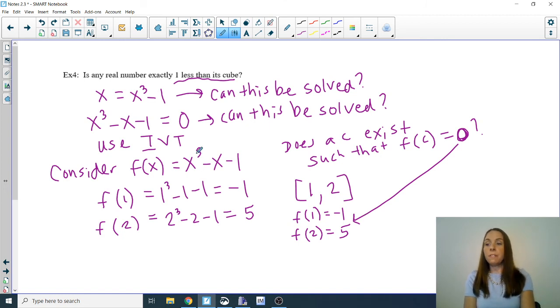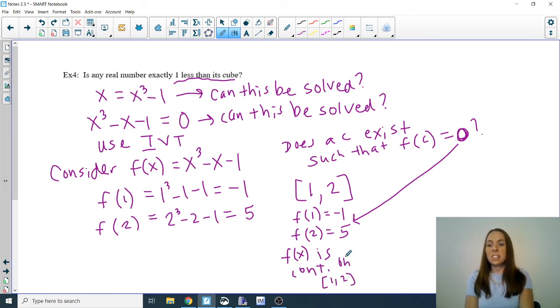Finally, our function, x cubed minus x minus 1, is it continuous on this interval from 1 to 2? Yes, it is continuous everywhere, right? This x cubed minus x minus 1 has no restrictions. So we can say f of x is continuous on the interval from 1 to 2.